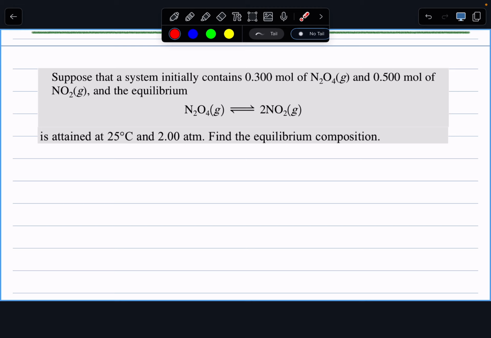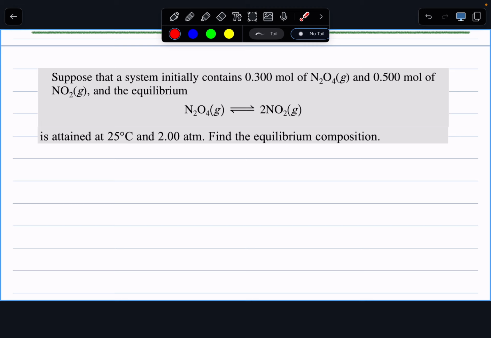Both of them are negative. One is negative 0.324, one is negative 0.176. But the problem here is we're looking at a backward reaction, right? If we're looking at the backward reaction, we only have 0.5 mole of NO2 available in our initial condition. So my C cannot be this top number. We don't have enough moles of NO2 to afford this condition.